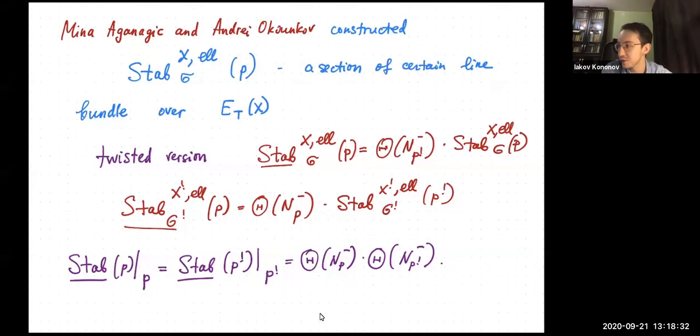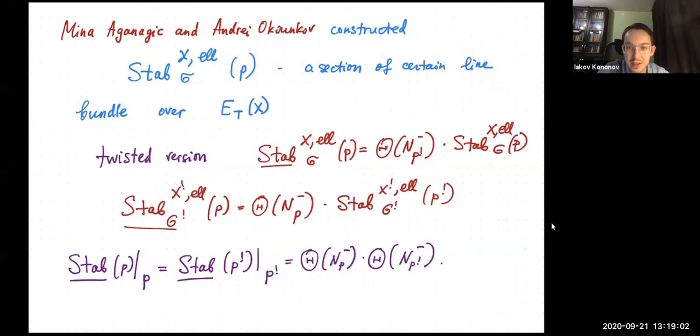M. Aganagic and A. Okounkov constructed elliptic stable envelopes. That is a section of a certain line bundle over the extended elliptic cohomology scheme. And we need the twisted version of it. We multiply the stable envelope of P by the elliptic Thom class of the repelling direction to P factorial.